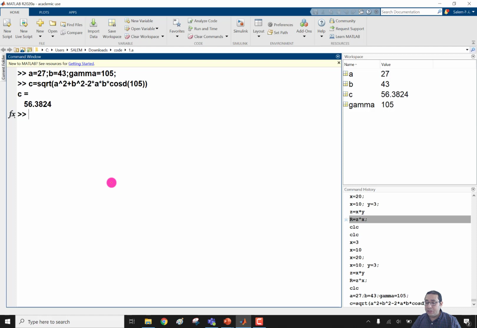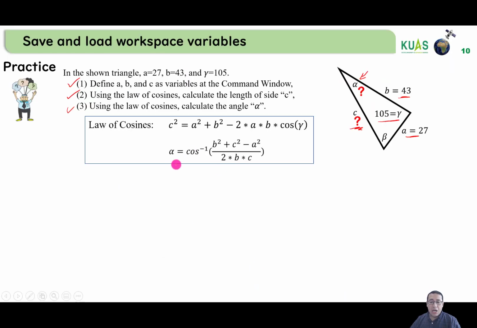And the last thing is we need to estimate alpha. Again, alpha is a special character, so we can write alpha, which is equal to, let's check the equation first. Alpha should be cosine inverse of b squared plus c squared minus a squared, divided by 2bc. And please remember that we need alpha in degrees, so it should be acosd.